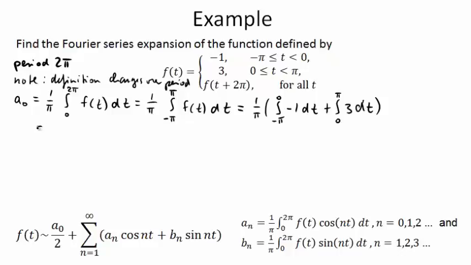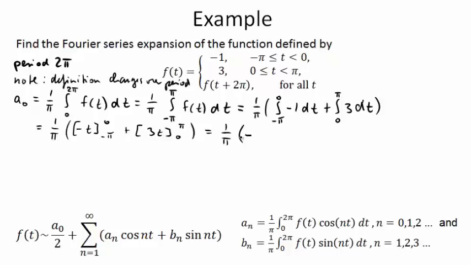And if we then calculate this, we get 1 over pi times, well, the antiderivative of minus 1 is minus t, and the limits are negative pi to 0. And the antiderivative of 3 is 3t from 0 to pi. And that's 1 over pi times, well, what do we get here? If we sub in 0, we get 0.